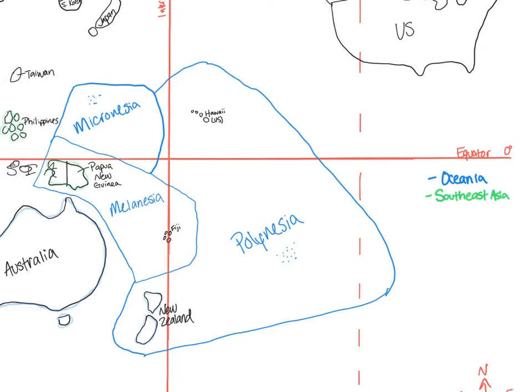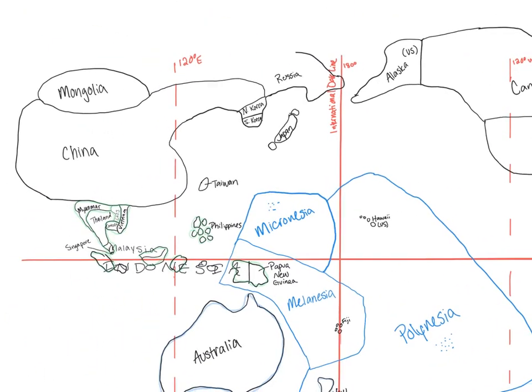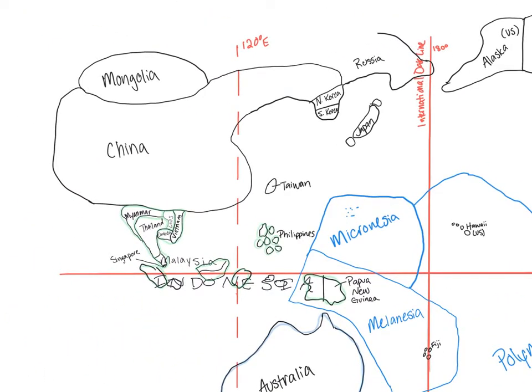Southeast Asia. We're going to do red for East Asia. East Asia included China, China's really big. North and South Korea.